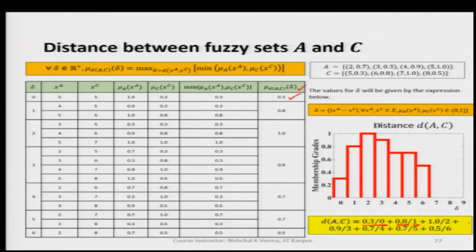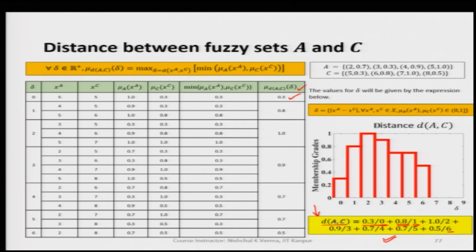Similarly, for all the values of delta up to 6 we have written all the membership values. This d of A and C means the distance between two fuzzy sets A and C. We are getting a fuzzy set which is nothing but the distance between two discrete fuzzy sets A and C.